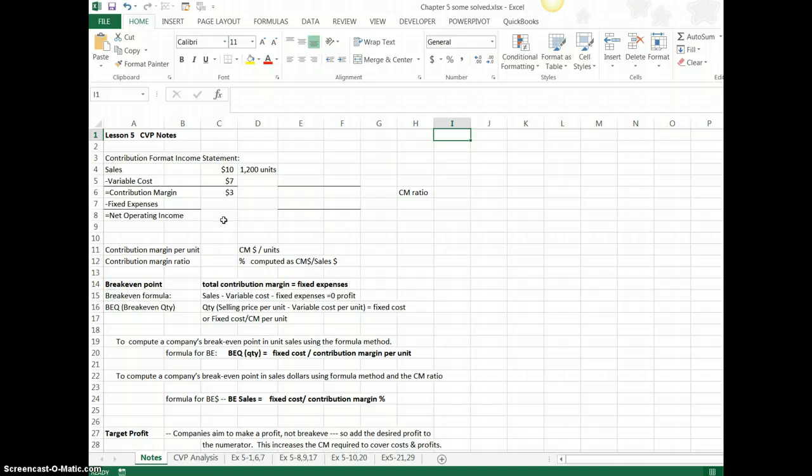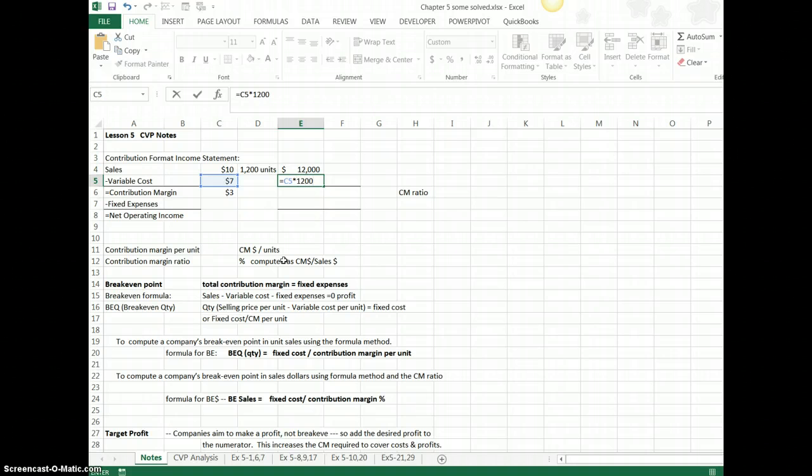profit. I put together just a very simple analysis so that we can do some mathematical computations and look at how this comes out. So the assumption here is that we're going to sell 1,200 units at $10 a piece. It will cost us $7 variable cost to make those units, which would also include the cost of acquisition, any direct materials, direct labor associated with it, and the variable portion of your manufacturing overhead.